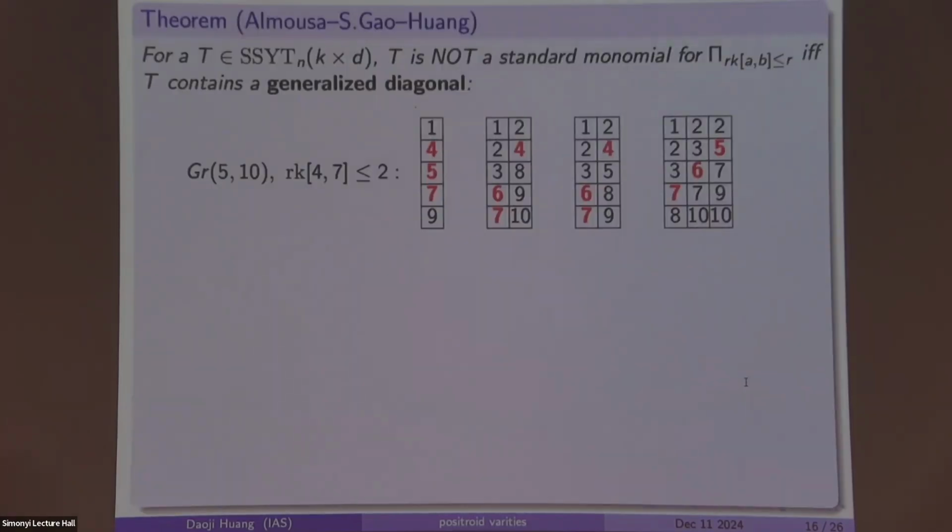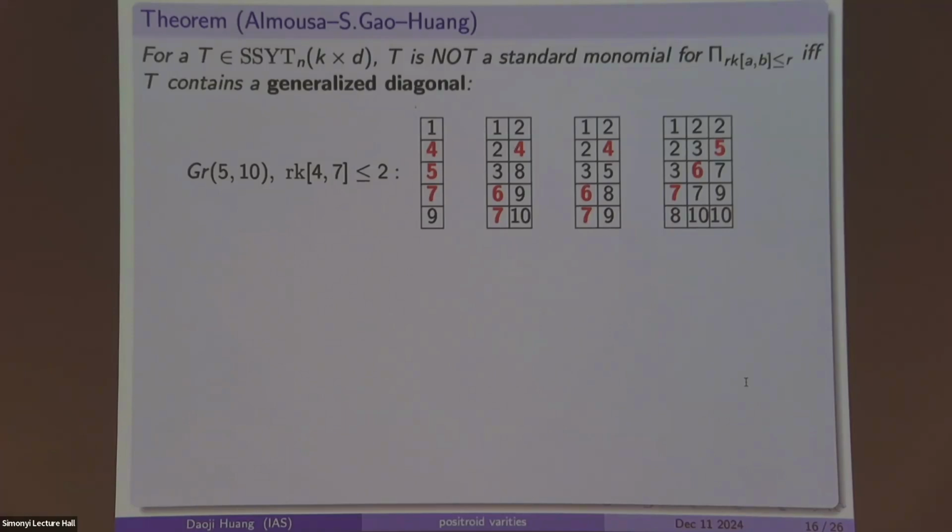Is there another proof that doesn't go through characteristic p? I don't know. Thanks for the question.